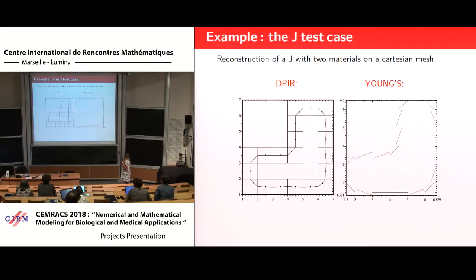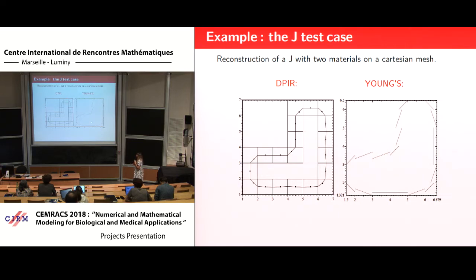So just to give you an idea of what we'll discuss later, if you want to reconstruct an interface, here you have your domain with two materials, one on the exterior and one on the interior of the G shape. If you reconstruct the interface with the PIR method, you have a continuous interface, and the volumes inside each mixed cell, where you find the two materials, are actually preserved.